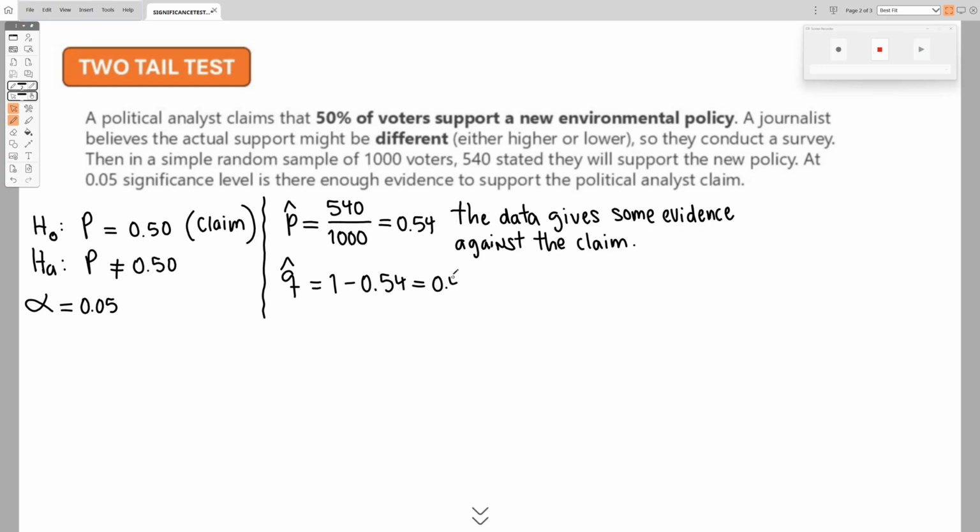The complement of the sample proportion, q-hat, is 0.46.